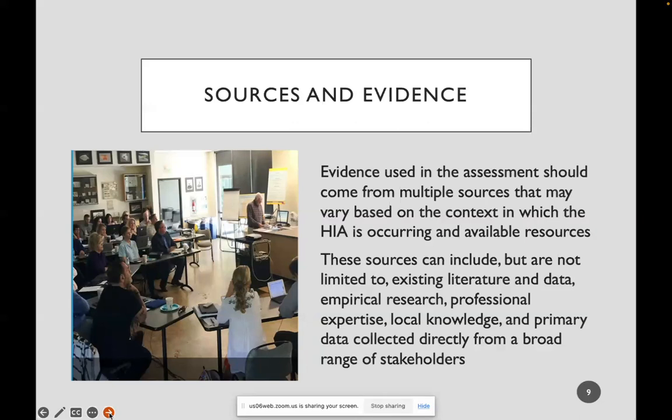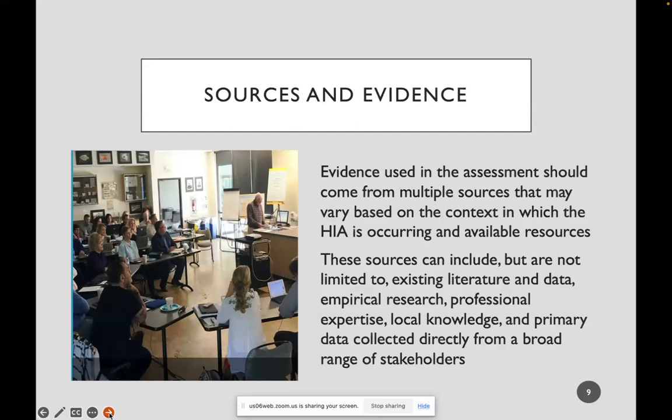If you are doing a comprehensive and you have a lot of funding, you'll be able to look at a lot more data sets and a lot more different stressors on the community than you would if you are doing a rapid and you are trying to look at what are the most important things that need to be addressed. So the kinds of evidence and the way that you pull it will vary.